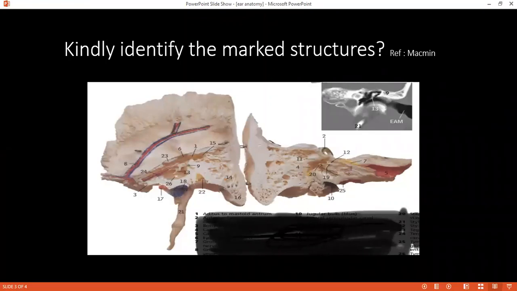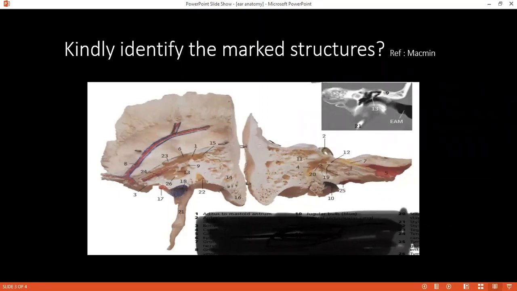Anteriorly, there is internal carotid artery along with sympathetic plexus in the lower part, and in the superior part, there is eustachian tube or pharyngotympanic canal and canal of tensor tympani. Posteriorly, it is separated from the mastoid air cells, and the lateral wall is the tympanic membrane. In its upper part, there is lateral wall of the attic. In the medial part, it is separated from the lateral wall of inner ear.